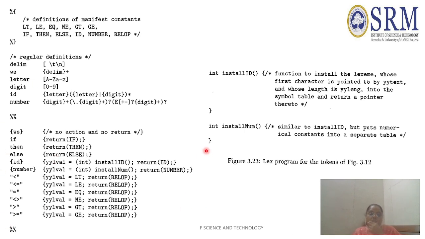And install ID, as I already told you, places the token name and its attributes in the symbol table and returns an integer ID. Install num is similar to install ID: the number is put into a separate table as a numerical constant. So this is all about the structure of the Lex program: the declaration part, translation rules, and the auxiliary functions.